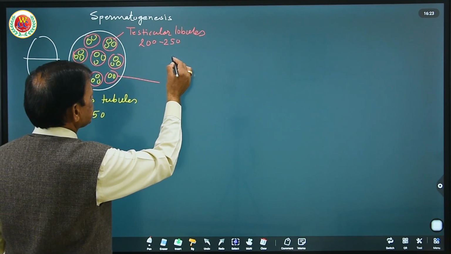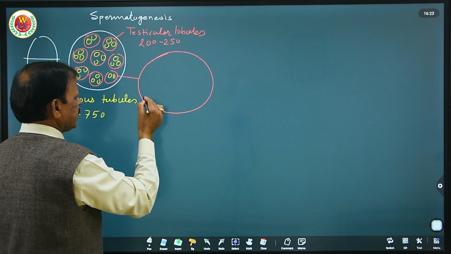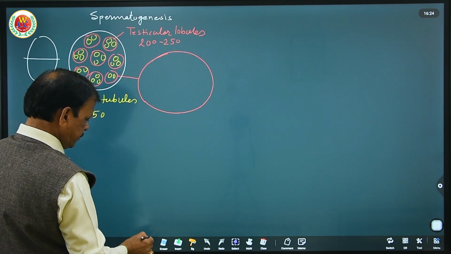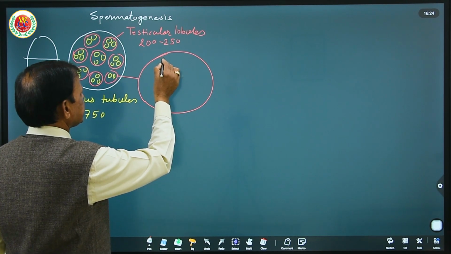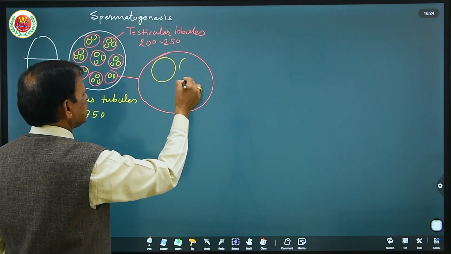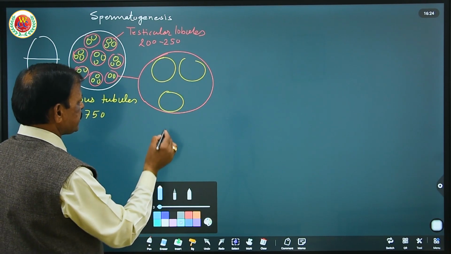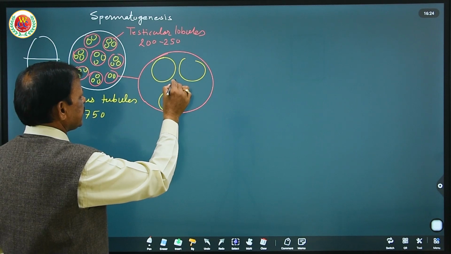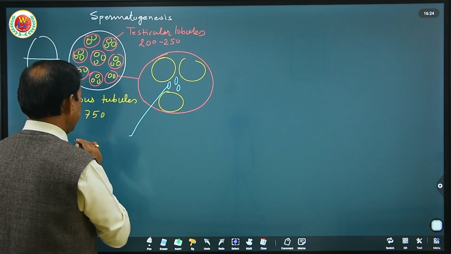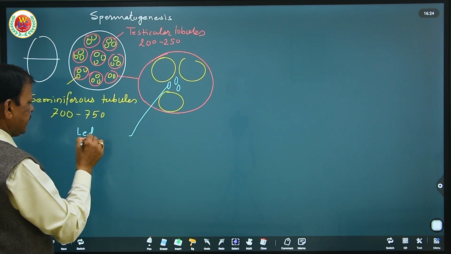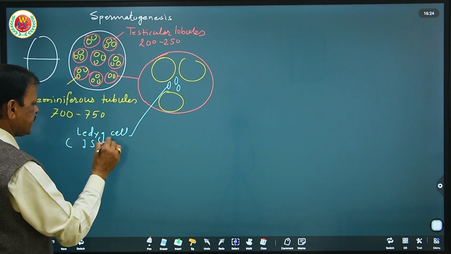Now, if we elaborate this diagram, suppose this is one lobule, which consists of these 3 seminiferous tubules. In the gap between these 3 seminiferous tubules are the Leydig cells, also called interstitial cells.